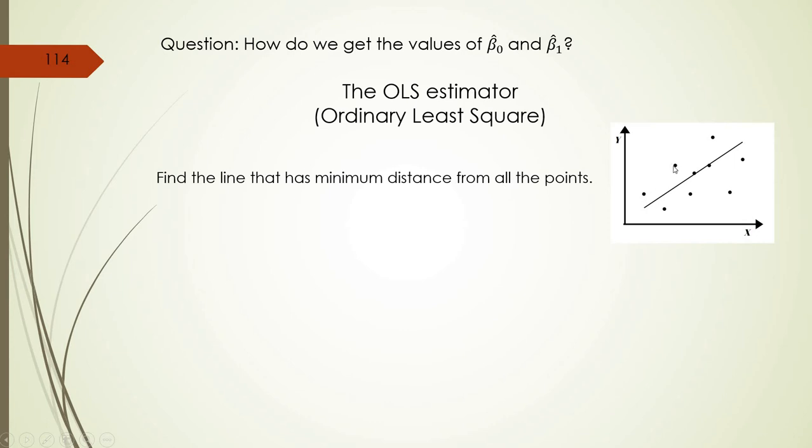So if these black dots are our original data and we implement our model on the basis of the equation, it must be in the place that minimizes the distances between these dots and the regression line. It cannot be here or there. It must be somewhere in the middle in order for those distances to be as small as possible. So we are minimizing the sum of the squared errors.